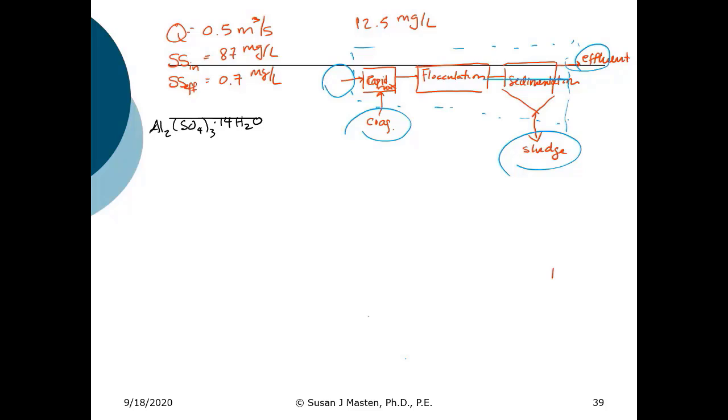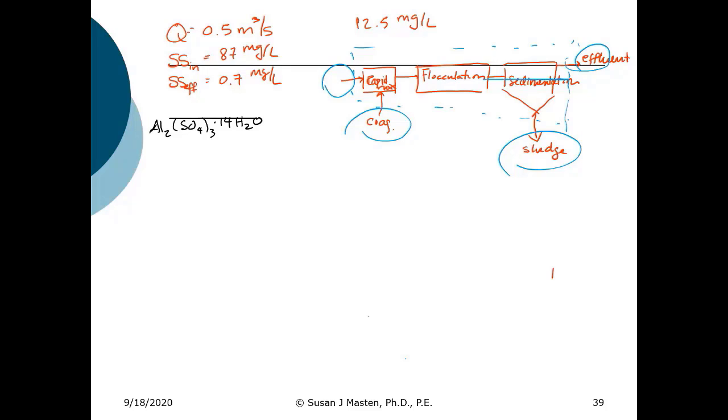You're not going to remove those 14 water molecules that are associated with each molecule of aluminum sulfate. If you think about Jell-O, if you made a Jell-O and left it out in the air, it's really hard to dewater Jell-O. Okay, and it's because essentially you've got water molecules that are associated with the gelatin.